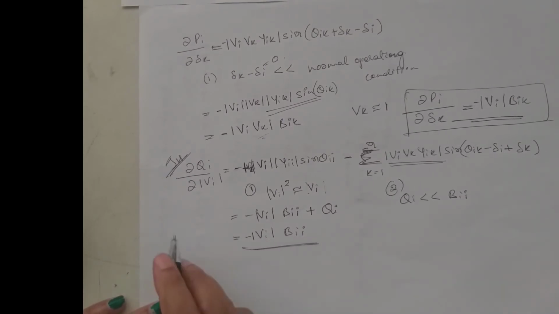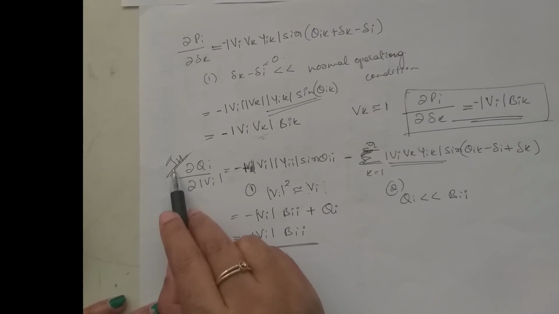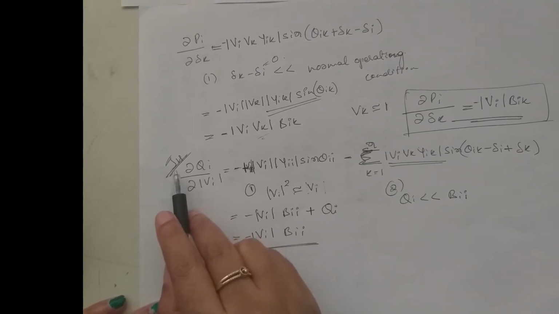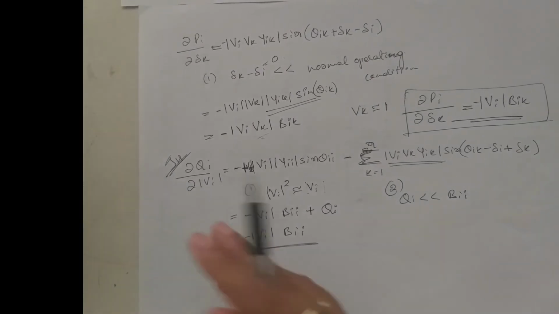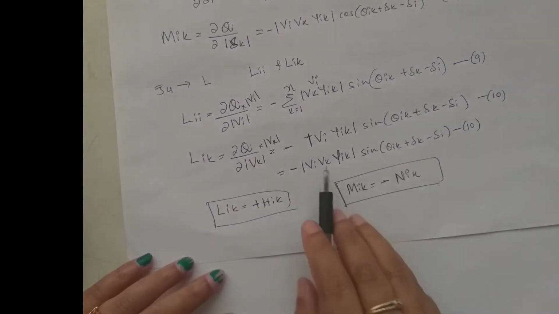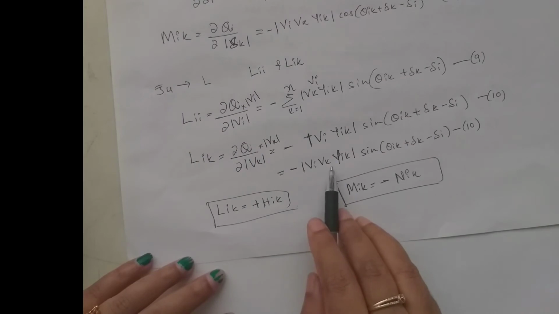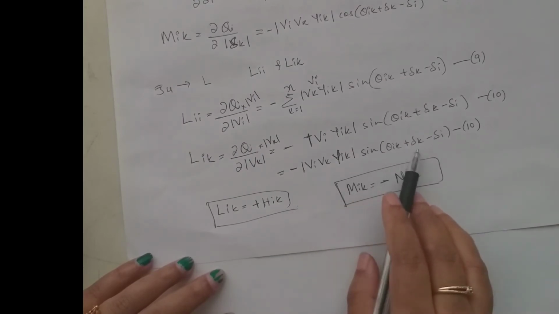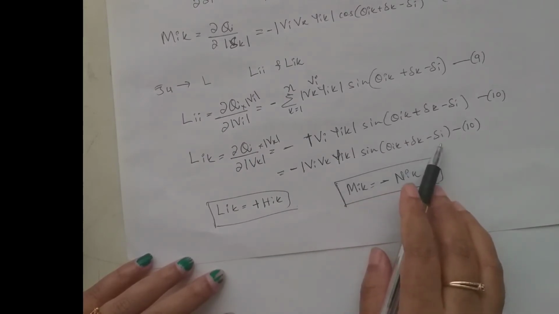Similarly, another element of submatrix J4, which is Lik, which is minus Vi Vk Yik sin theta Ik plus delta k minus delta i, right?